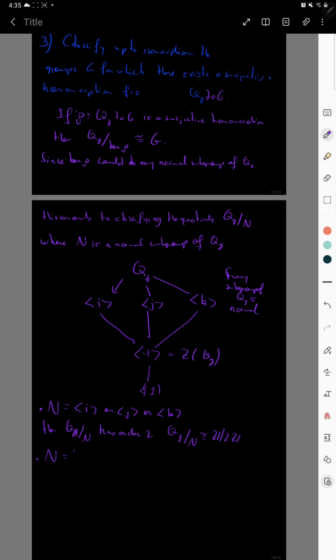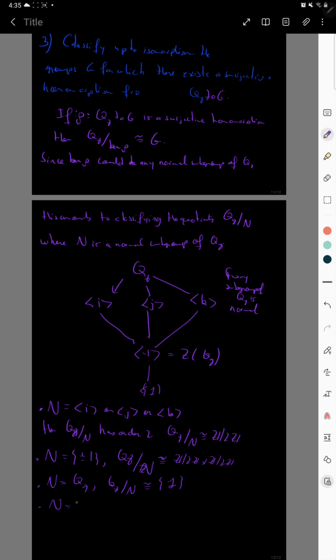Now, if N is equal to plus or minus 1, by the previous question, the quotient is isomorphic to Z2 cross Z2. And more trivially, if N is Q8, Q8 mod N is isomorphic to the trivial group 1.